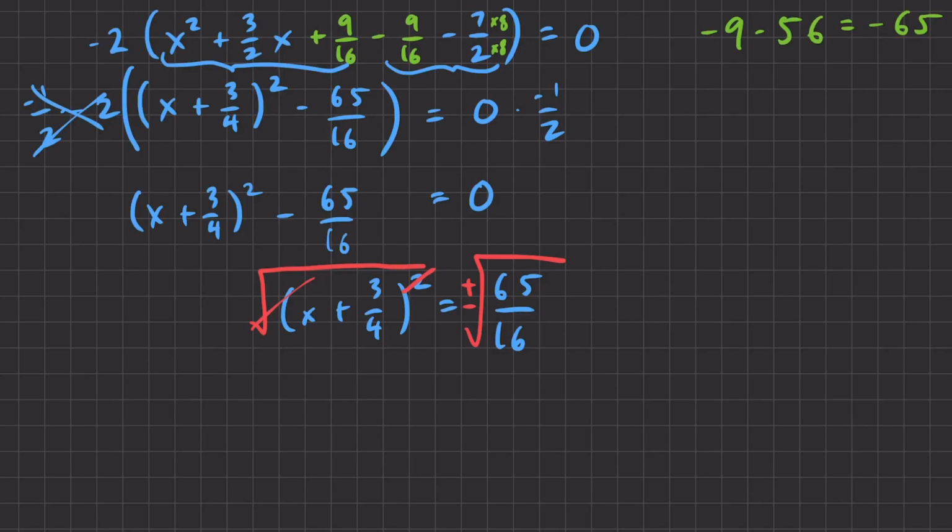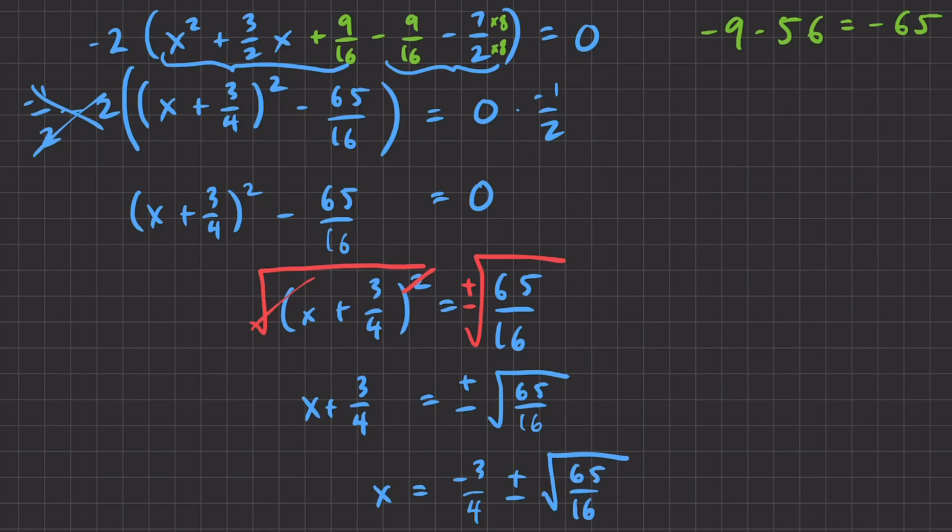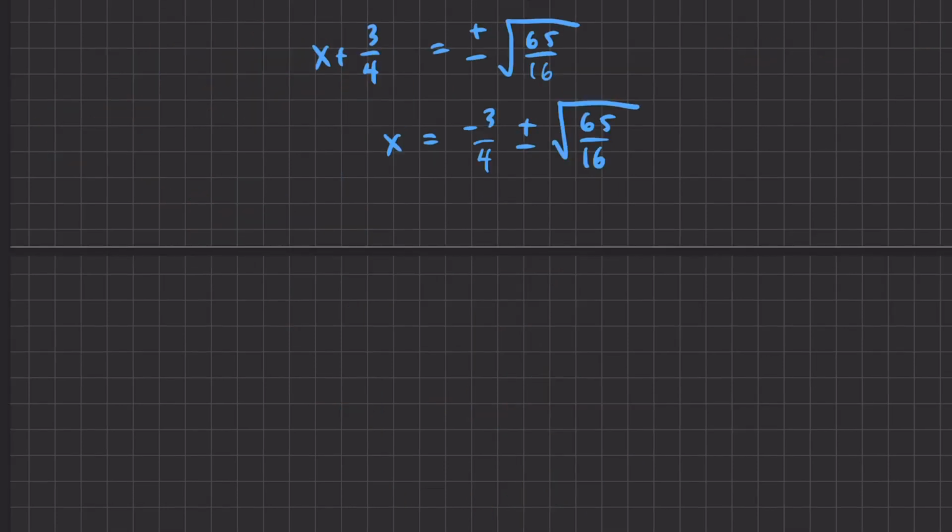And we're left with x plus 3 over 4 is equal to plus or minus the square root of 65 over 16. And that means that x is equal to negative 3 over 4 plus or minus the square root of 65 over 16. Now I'd like to clean this up a little bit.